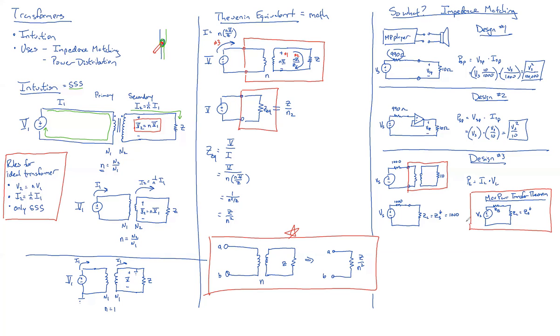Given that information, we may be able to use a transformer to get you there. All we need to do is to say, using this equation down here, that our original impedance over n squared equals our desired source impedance. So our original, 10 divided by n squared, has to equal our desired impedance, which is 1,000.